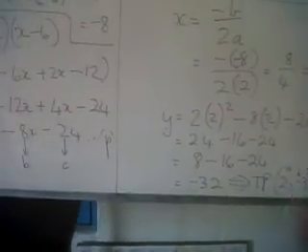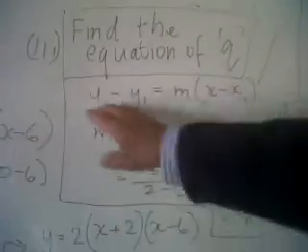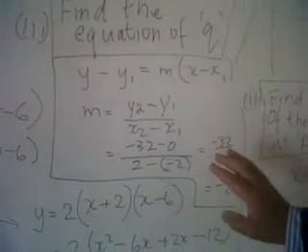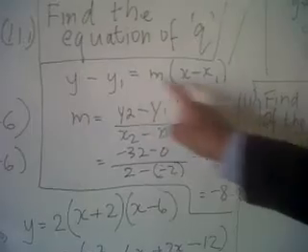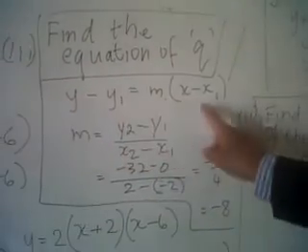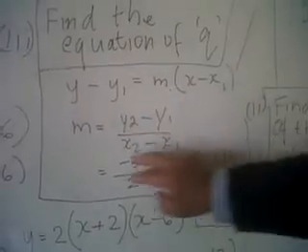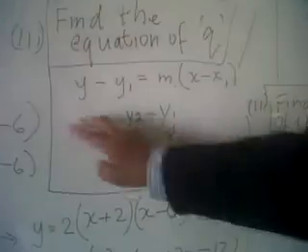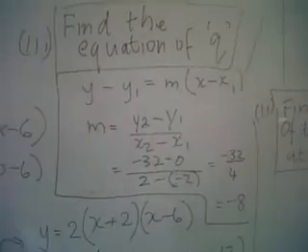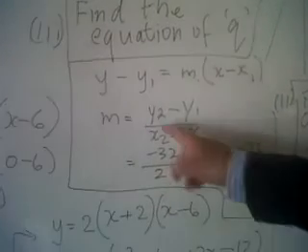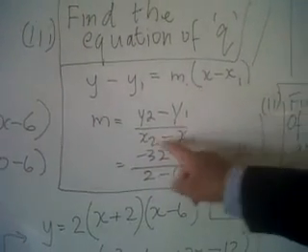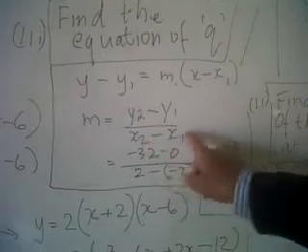Okay? Now they ask you to find the equation of q, which is the straight line. And you can do it if you've got 2 points. Right? But now we don't have m. So you first have to work out m, so you first have to do your gradient. And that's the formula for the gradient. So now you say y2 minus y1 divided by x2 minus x1.